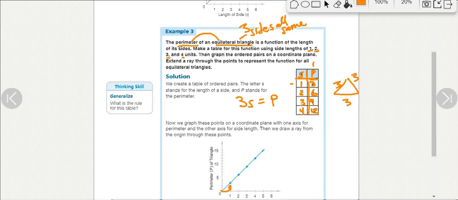Looks like they have increments of 3. Over 2, up 6. 1, 2, 3, 4, 5, 6. Okay? And so on. And you graph all 4, showing the dots for each, and then putting an arrow at the top.